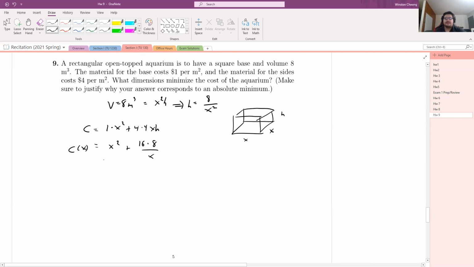So I now have the cost function, and I can take its derivative. It's 2x minus 256 over x squared. And like usual, set this equal to 0 and solve.